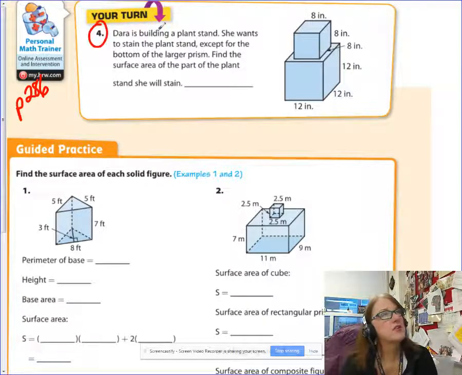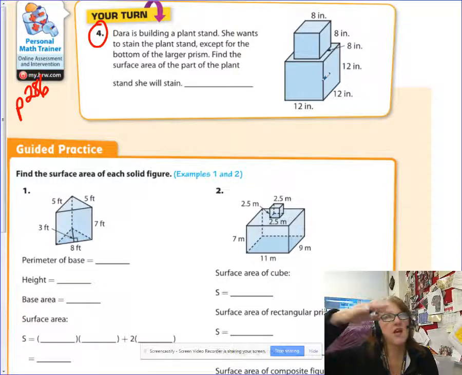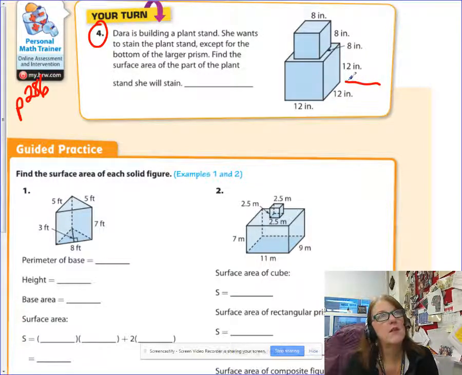So let's start with number 4. It says Dara is building a plant stand. She wants to stain the plant stand except for the bottom of the larger prism. So it's like stacking boxes. She's not going to bother staining the bottom of this one. Okay. All right.